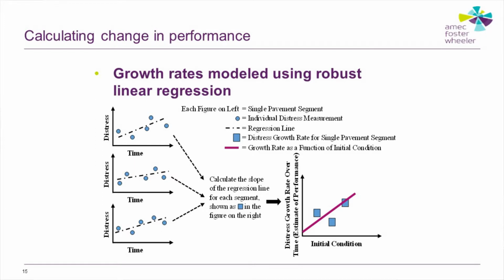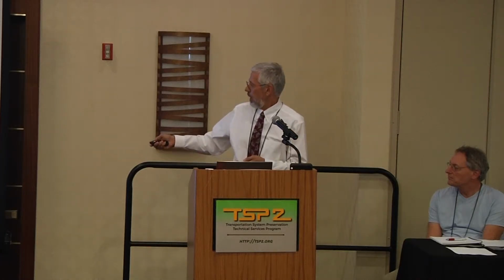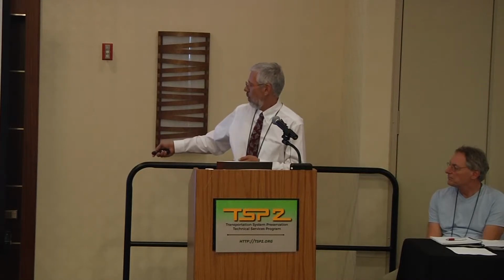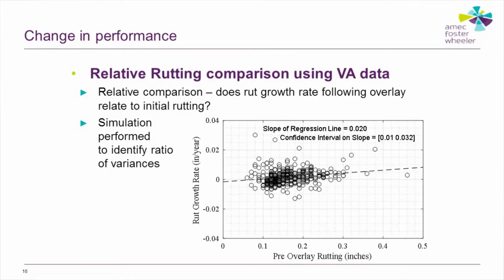So here's one segment, here's another segment, here's another segment. All of those segments within a given grouping of performance measure and preservation treatment. And if you plot all those slopes or growth rates on the y-axis versus what the condition prior to the treatment was, you can come up with a regression that will give you the growth rate for that particular treatment.